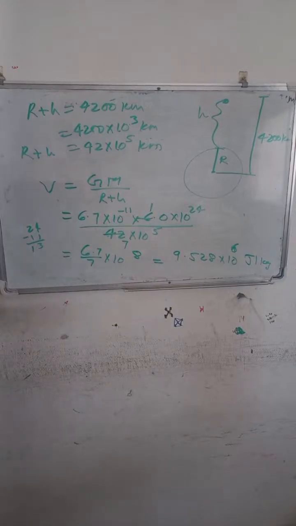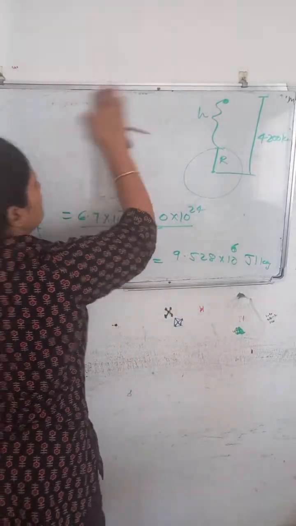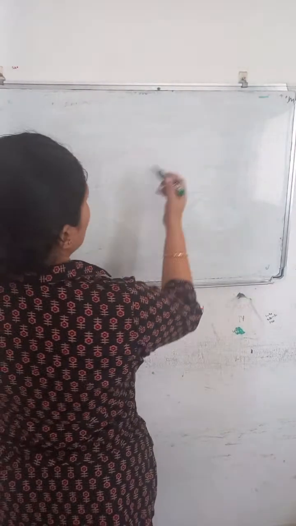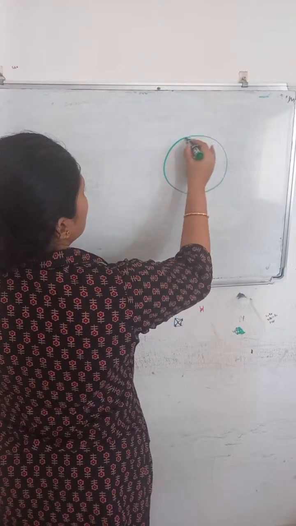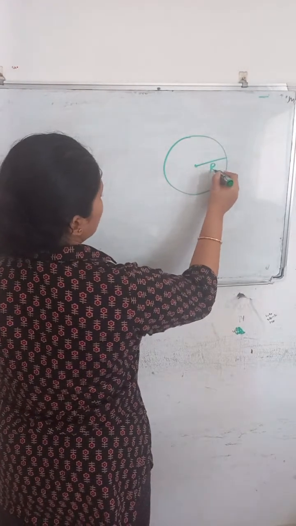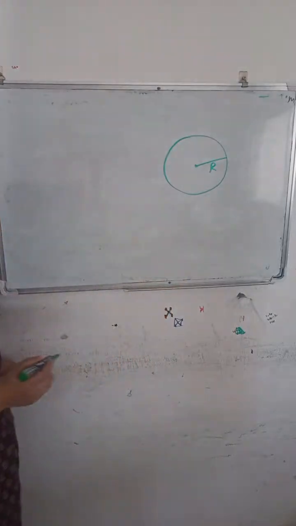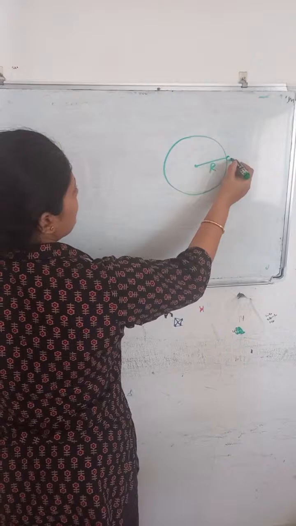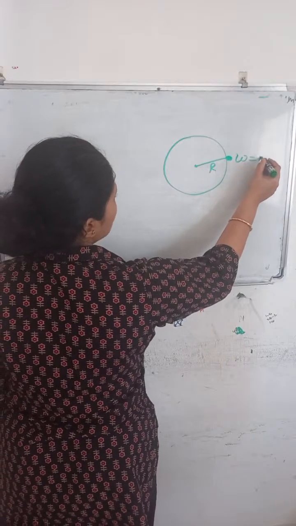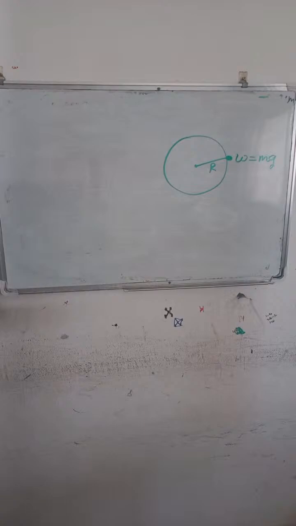This is the earth, having radius R. Initially the body is at the surface, so its weight W is equal to mg, acting vertically downward, and that weight is given as 250 Newton.